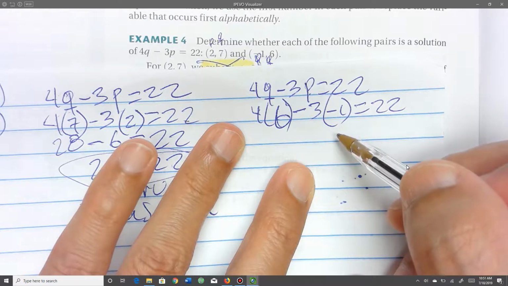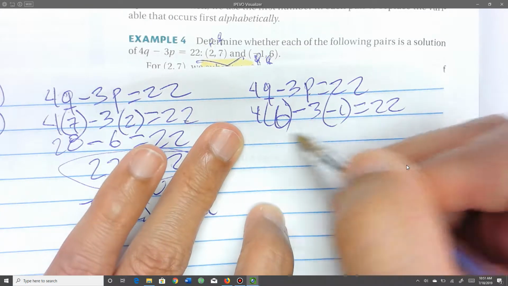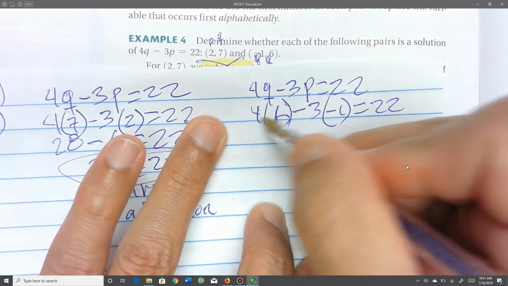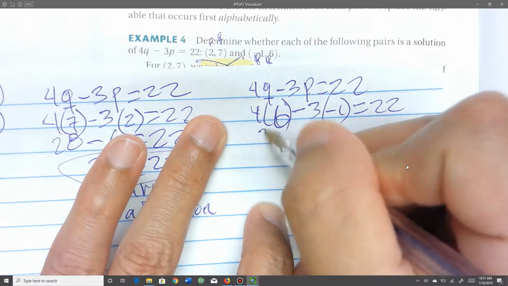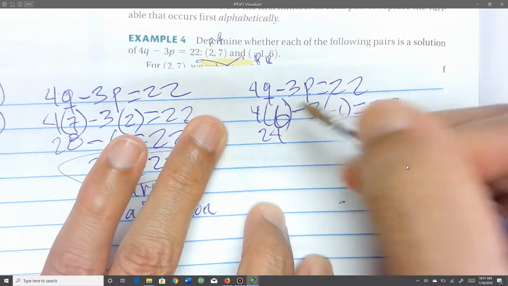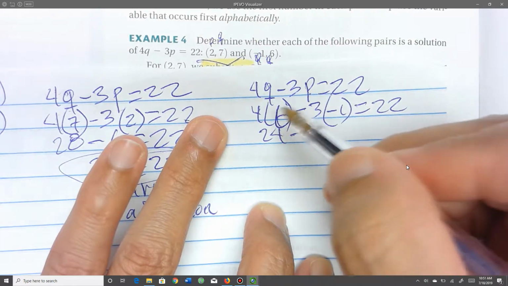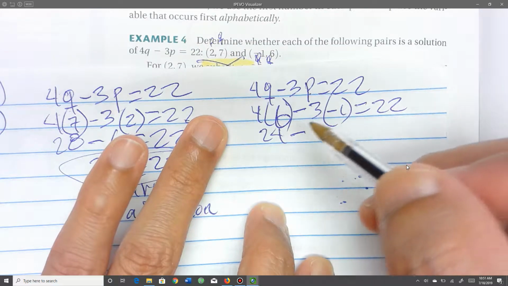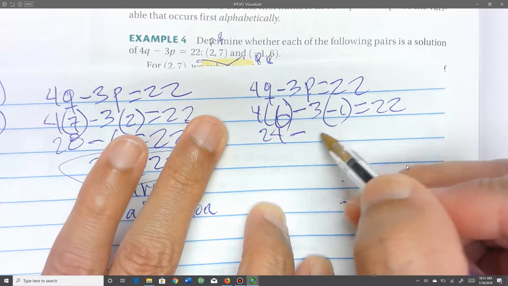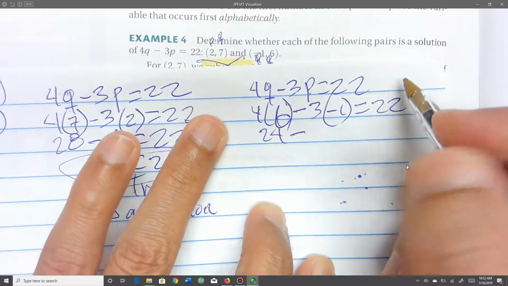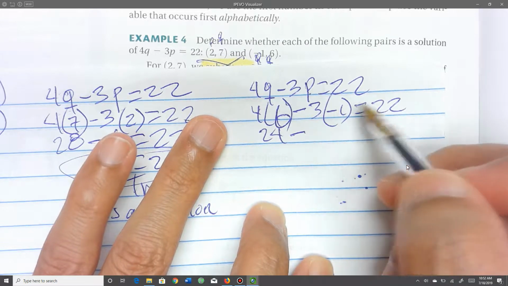All right, and now I'm ready to perform the operations. 4 times 6 is 24. 3 times, well, in this case I have -3 times -1.